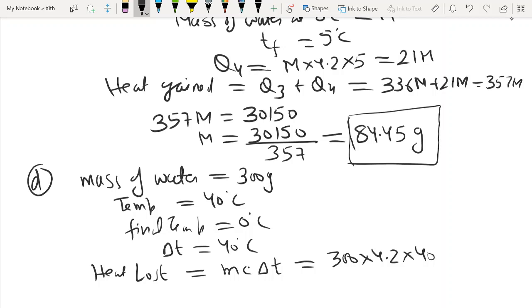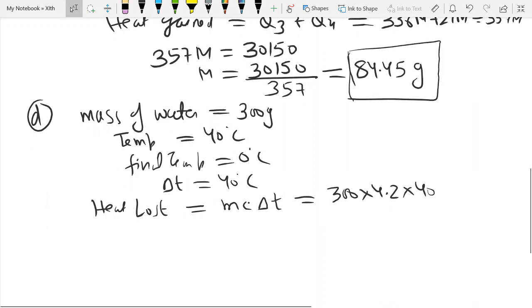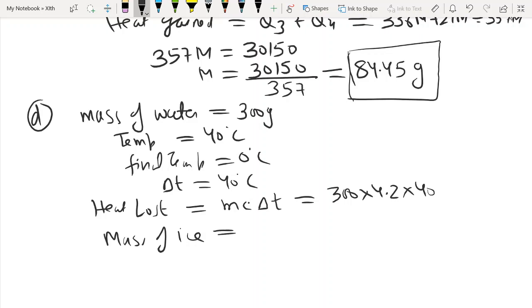Now let us understand what is happening to cold body, which is ice here. Mass of ice, which we have to find, let us say is M, and this ice is going to convert to water at 0 degree Celsius.